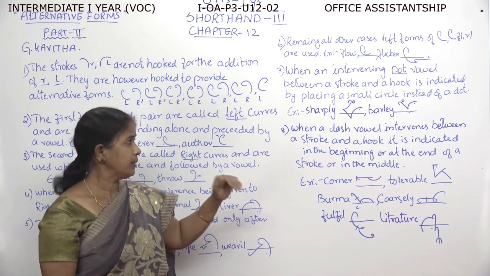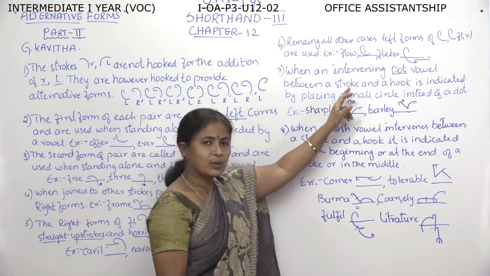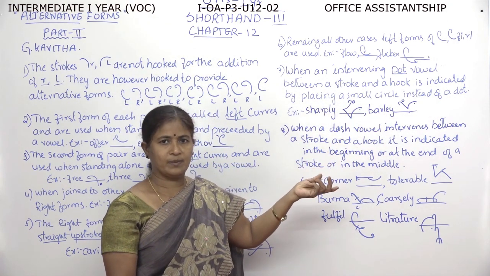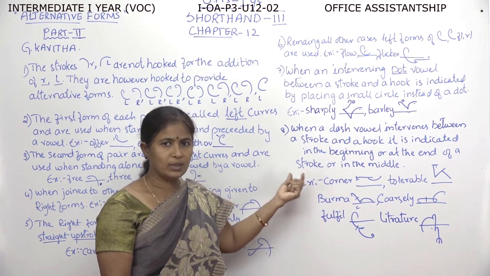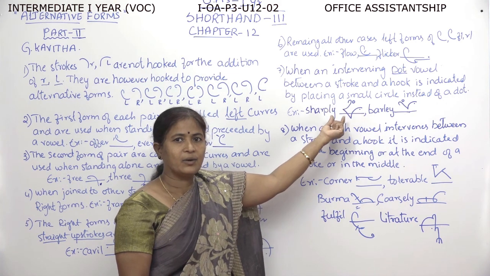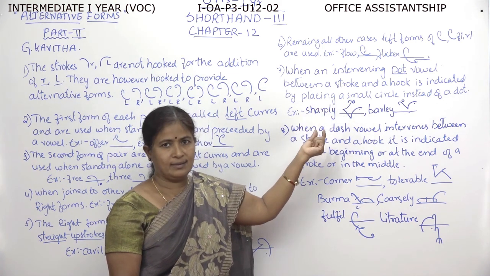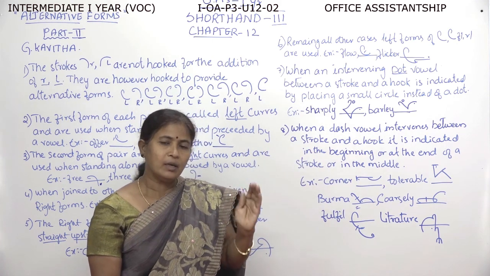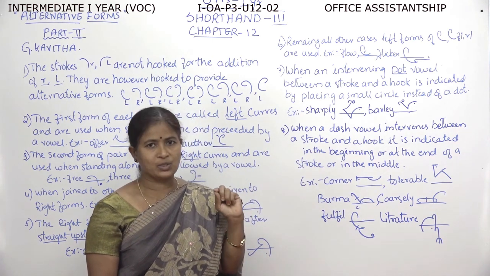Okay, example. When an intervening dot vowel, either first place vowel or third place vowel, comes in between a hook and a stroke, it is written by indicating a small circle in the place of the vowel instead of the vowel. Vowel పెట్టకుండా vowel place లో మనము చిన్న circle place చేస్తాం.